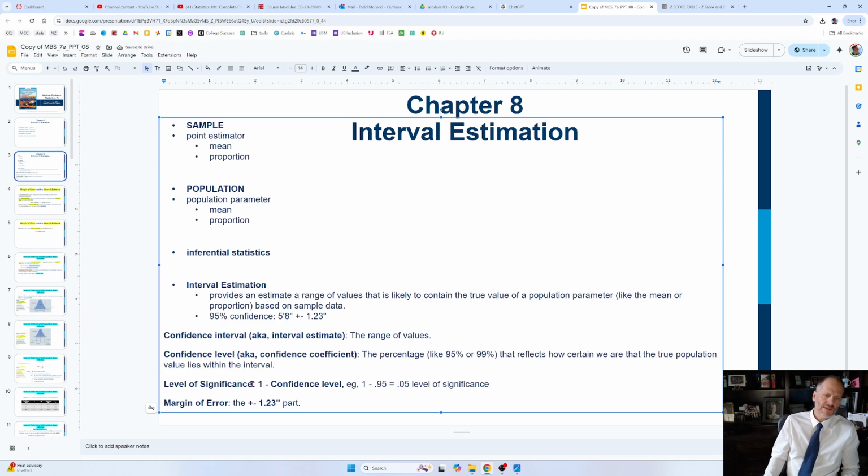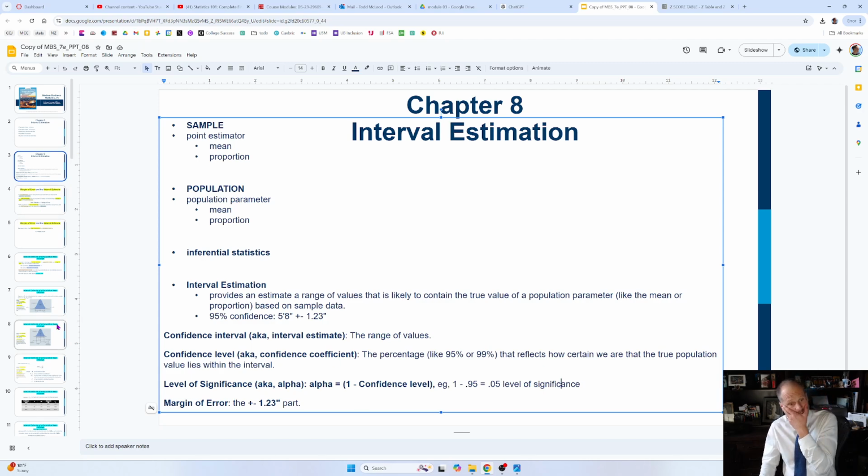And level of significance is also known as, AKA, alpha, okay? And so that's the level of significance. And so the level of significance, alpha, is equal to 1 minus the confidence level. And so, for example, 1 minus 0.95 is equal to 0.05 level of significance.